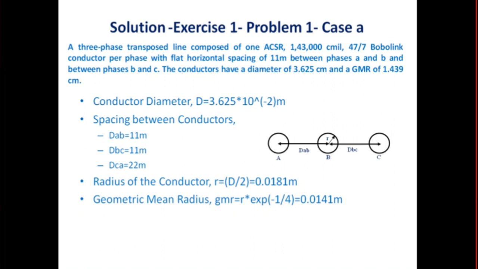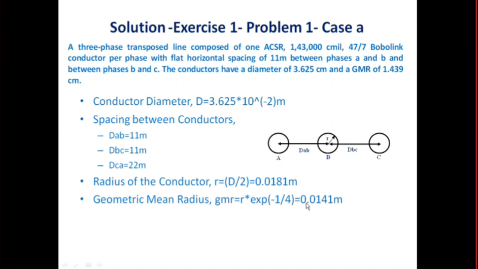Next is GMR. You know the expression for GMR in the case of a single conductor: GMR, that is Ds, is equal to r into e power minus 1 by 4. So that is r into the exponential of minus 1 by 4. The r value is the radius, 0.0181, which is substituted.